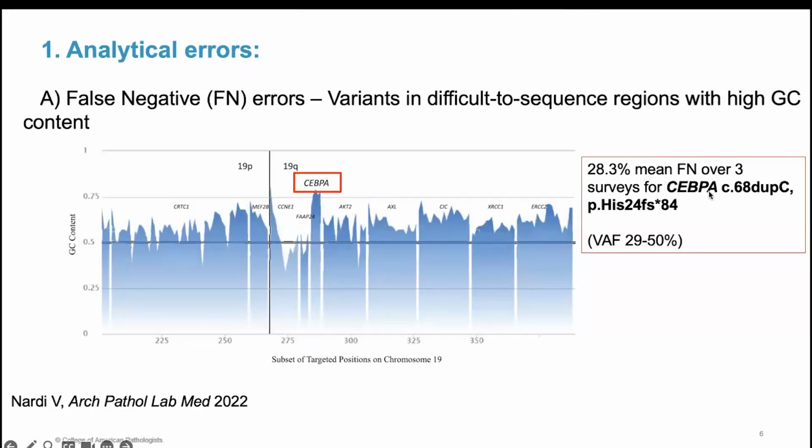When laboratories were challenged with a CEBPA mutation, the C68-DUP-C, about 28% reported false negative results over 3 different surveys. And the VAF for this mutation was pretty high, between 29 and 50%.